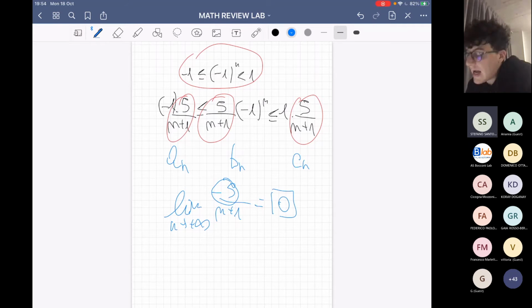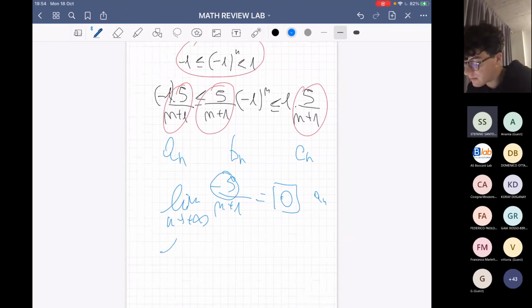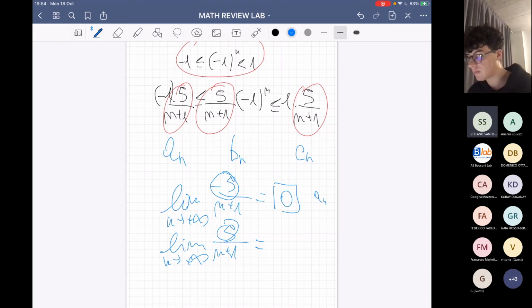The limit of cn as n tends to positive infinity is the limit of 5 over n plus 1, which is the same as before, a number over infinity, because n plus 1 is positive infinity, and so it's 0 again.